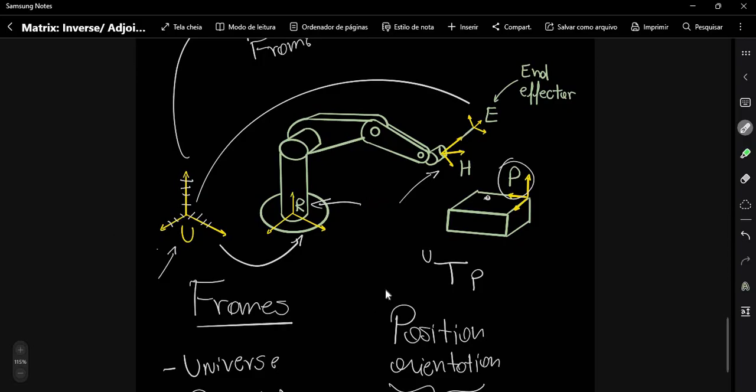So right here, what we have to interpret is the paths that this robot can do in order to achieve the task.